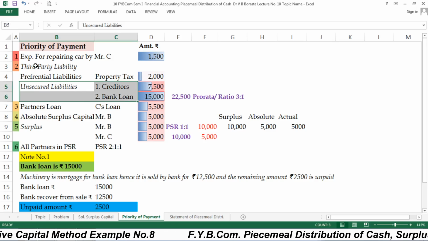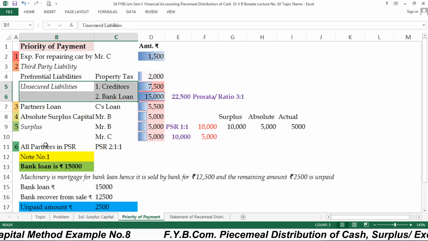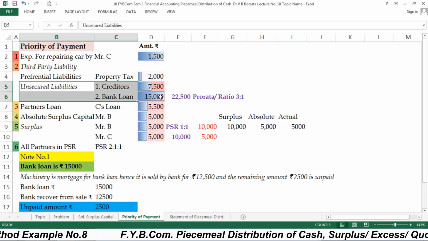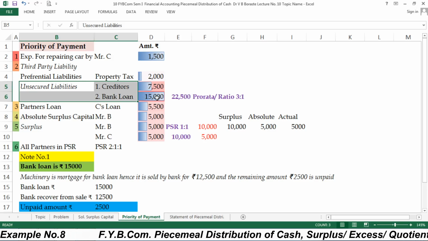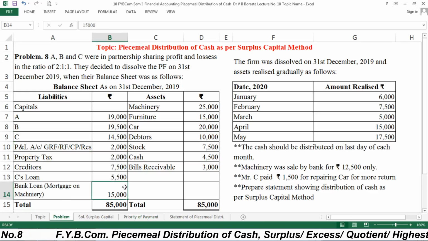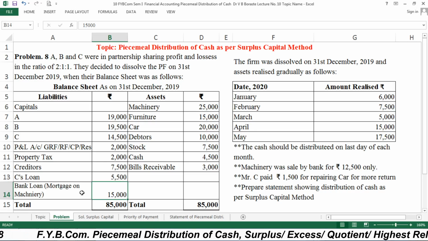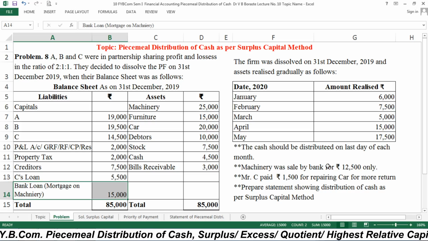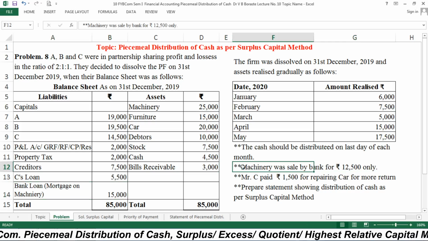After the property tax payment, we have some unsecured liability, that is creditors and bank loan. So these are third party liabilities but unsecured. How can you say unsecured? Even though bank loan is 15,000, out of this 15,000 the bank already got 12,500 in this step.